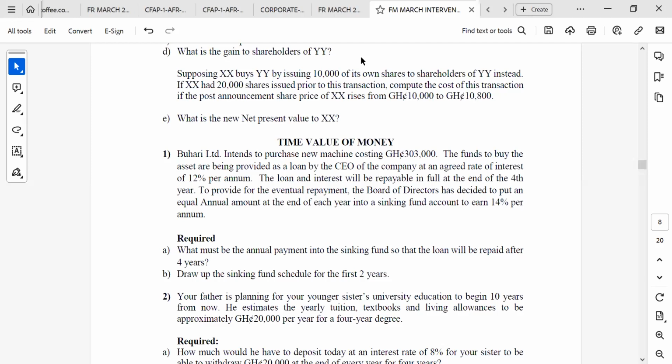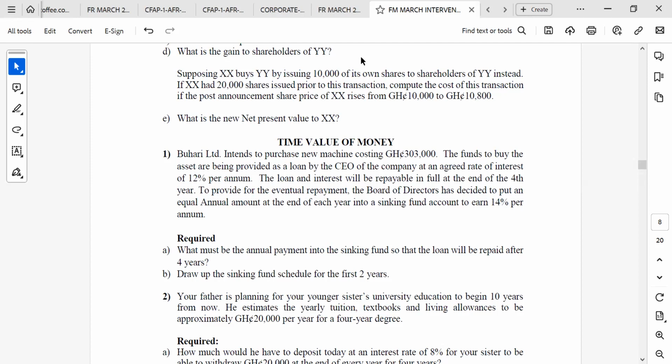The loan and interest will be repayable in full at the end of the 4th year. That statement is to tell you that this is a compound interest. Because at the end of every year, the interest will not be paid and the principal left. No. The interest and the principal will be rolled over at the end of every year. This is a compound interest.